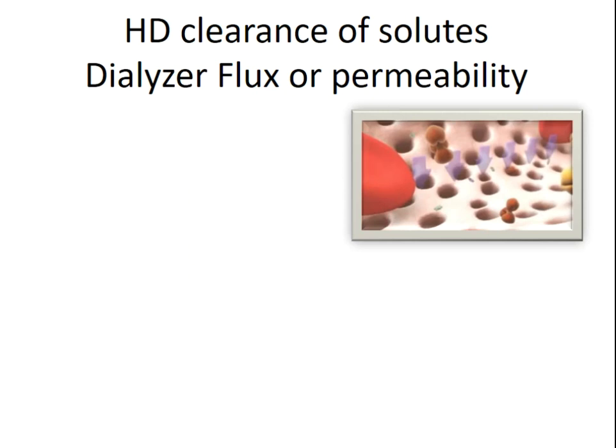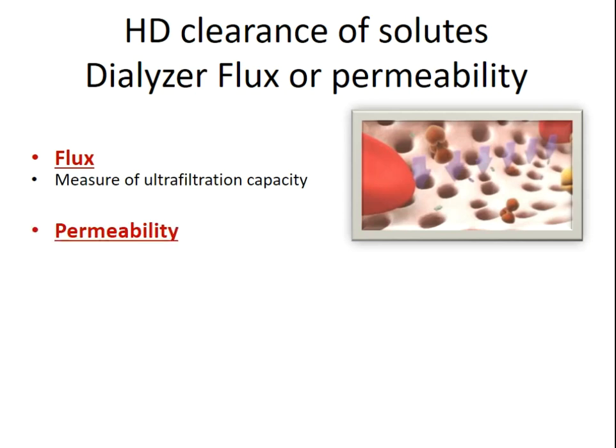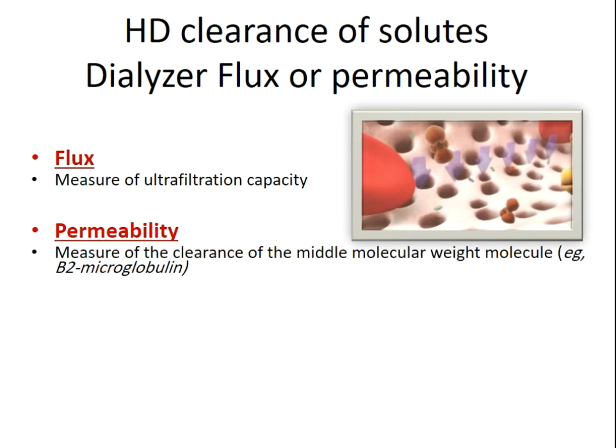Some definitions are overlapping. When we are talking about dialyzer flux or permeability, the flux is a measure of the ultrafiltration capacity, while permeability is a measure of the clearance of the middle molecules, for example beta-2 microglobulin.